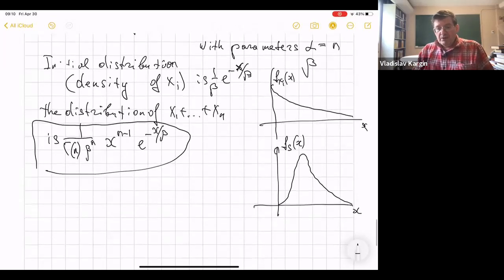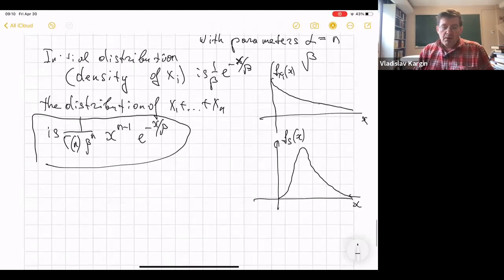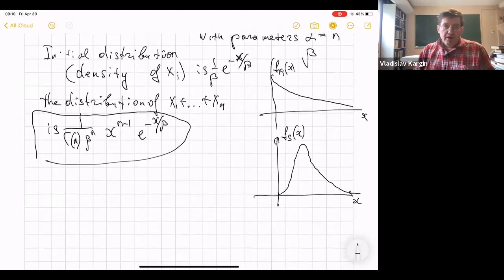So you start with this distribution and convolve it with itself n times, then you get this distribution. This is the second example.